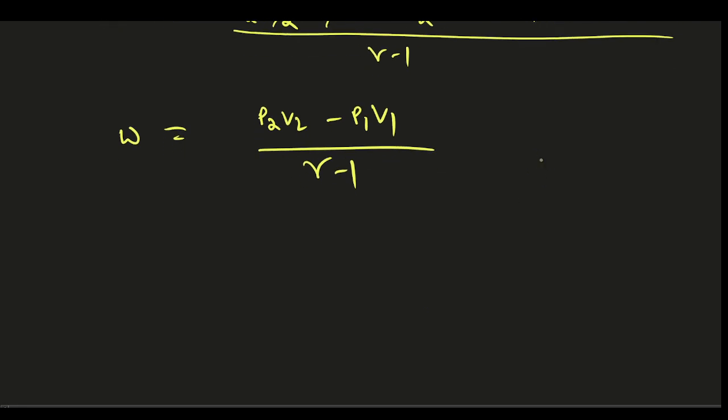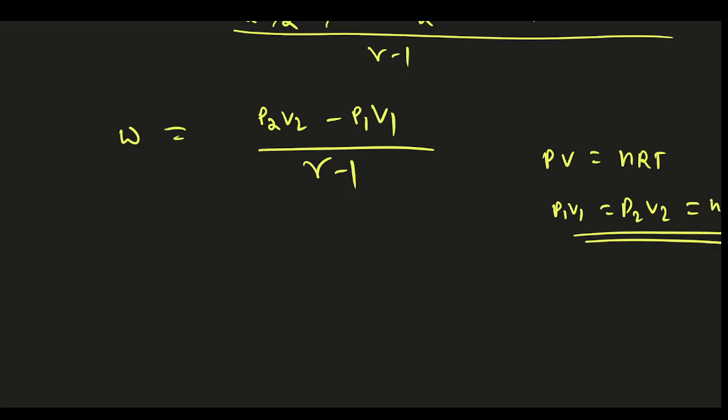And again you use the ideal gas equation, PV equal to nRT, so P1 V1 equal to P2 V2 equal to nRT.